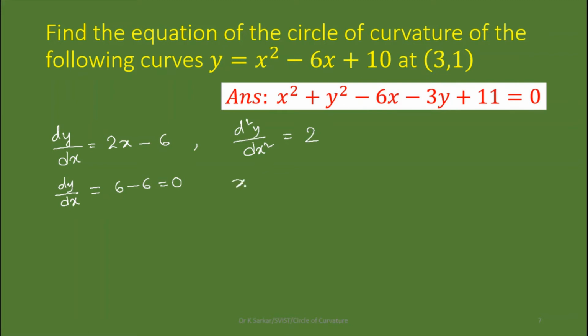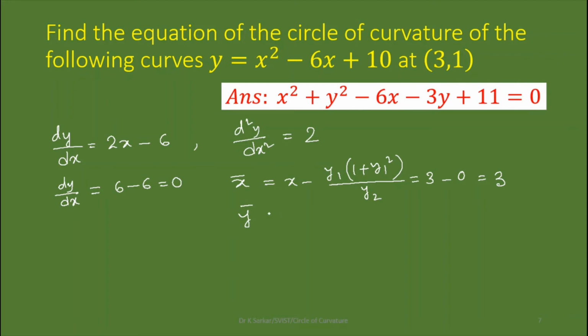Now x bar is x minus y1 (1 plus y1 square) divided by y2. x is 3, minus y1 is 0. So this is 3 only.